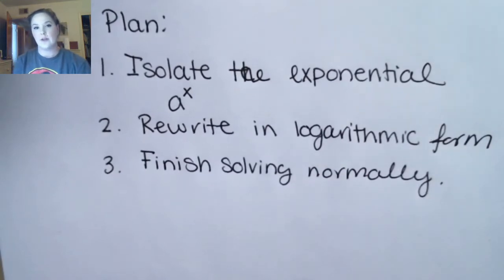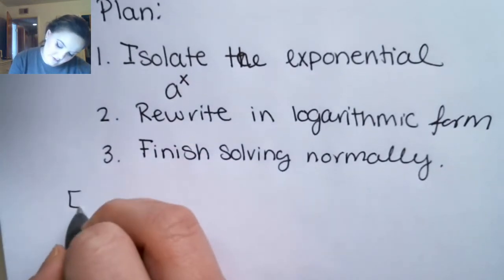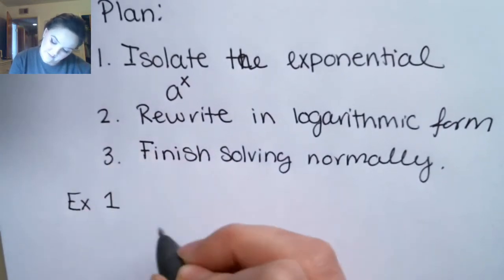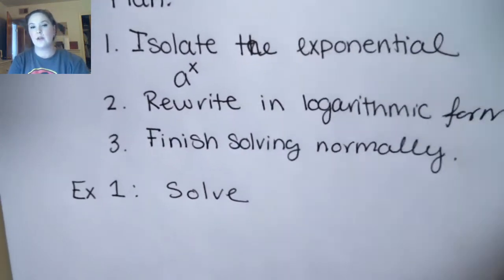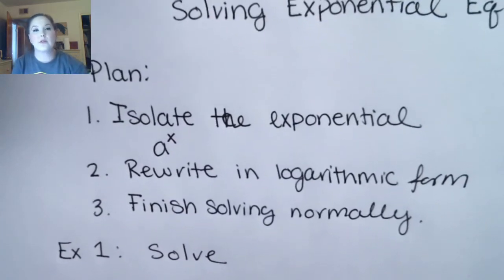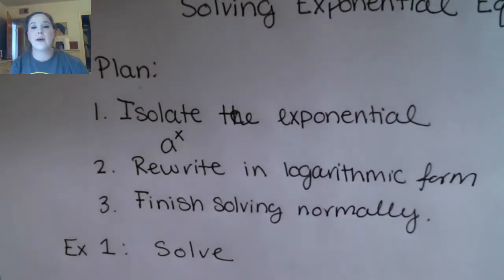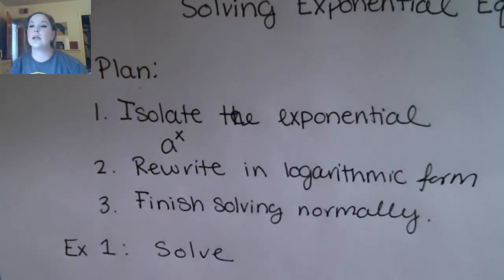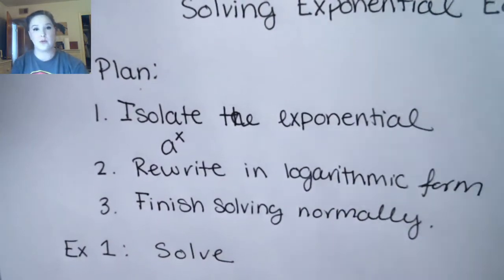Okay, let's go ahead and look at an example. The other thing is, when we were solving exponential equations in the last video, we were using the method of equating exponents. In this video, we're going to be looking at times that you wouldn't be able to use that method, or times where maybe that method would be too difficult.